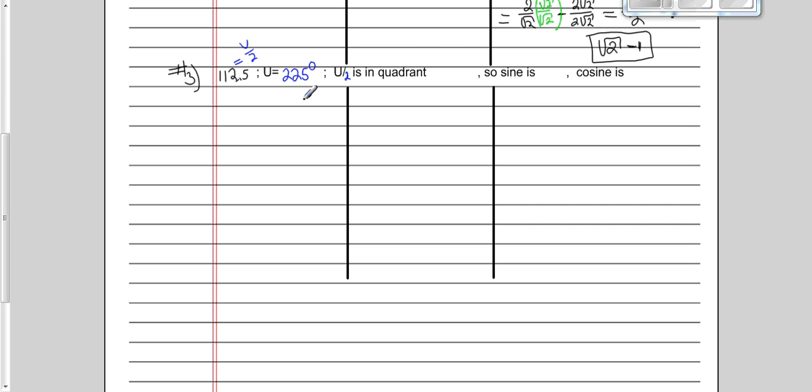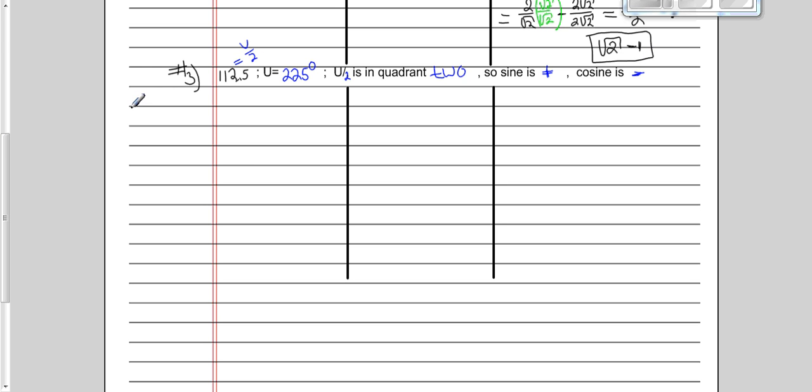Nope, quadrant 2, sorry. That's in quadrant 2. Okay, so it's in quadrant 2. Sorry for that little confusion. Gotta think about that one. Which means that my sine values are still plus, but my cosines are negative. So that's just going to change on the outside of the radicals.